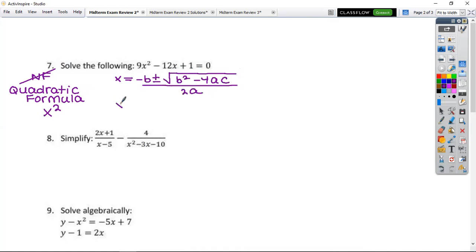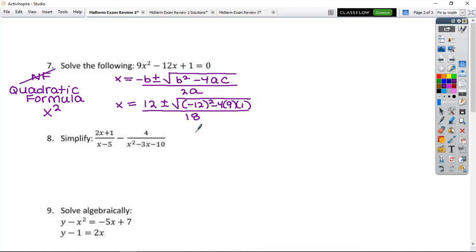So I go x is equal to negative negative 12, which becomes 12, plus or minus square root. And I'm going to go negative 12 squared minus 4 times 9 times 1, all over 2a, which is 18.